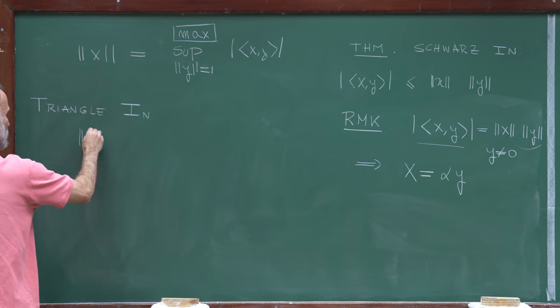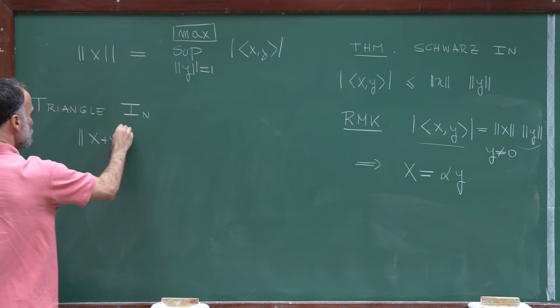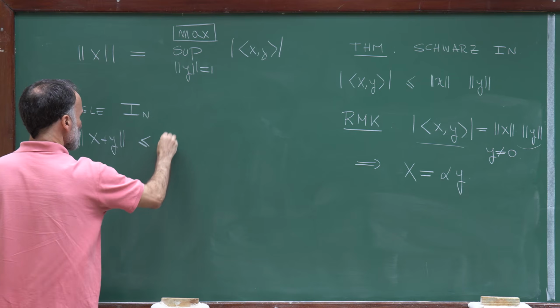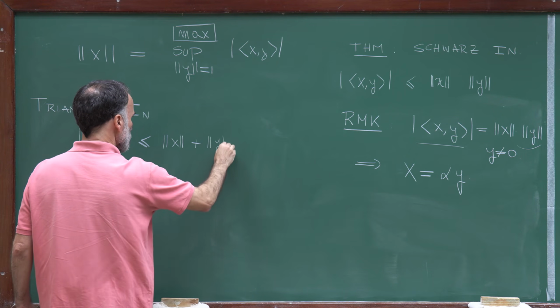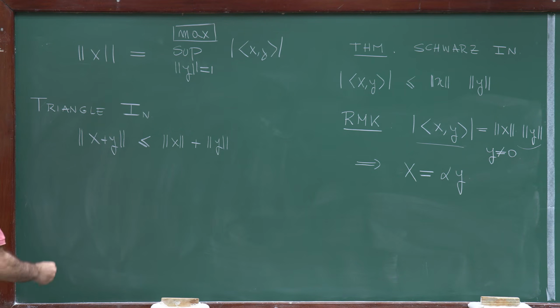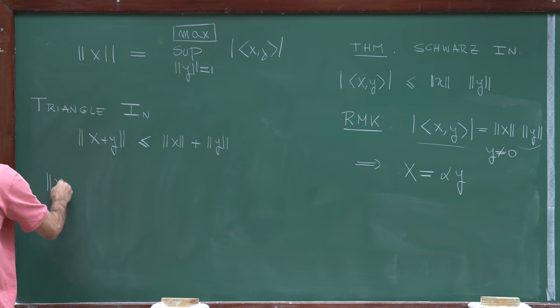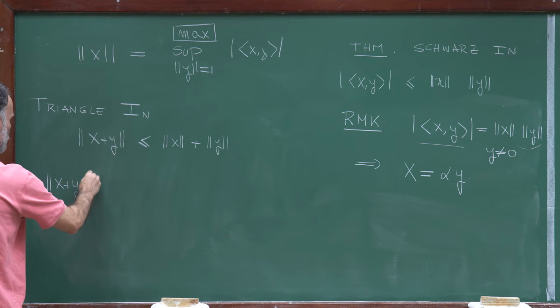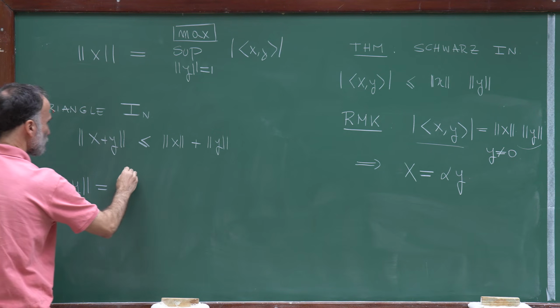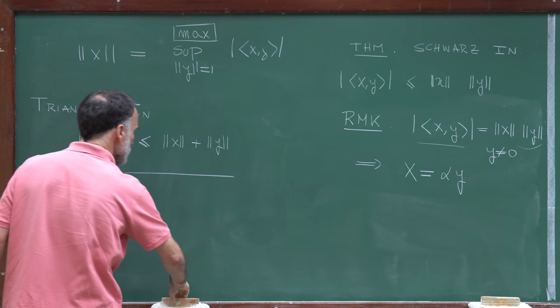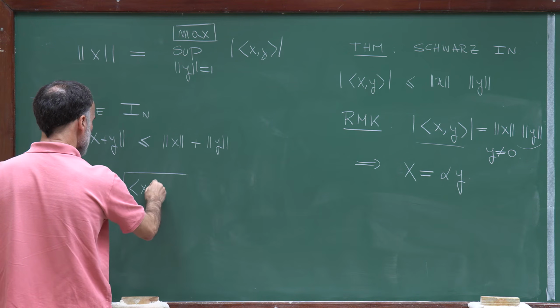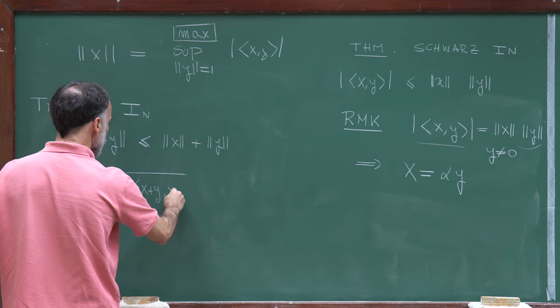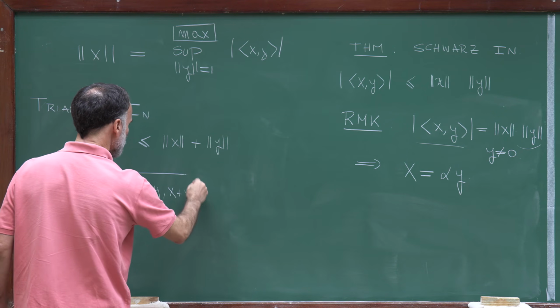So we want to prove that the norm of x plus y is less or equal than the norm of x plus the norm of y. Well, the norm of x plus y, by definition, is the square root of the scalar product of x plus y with x plus y.